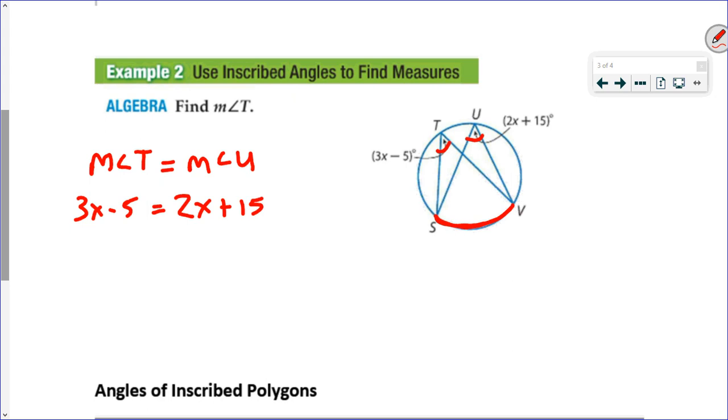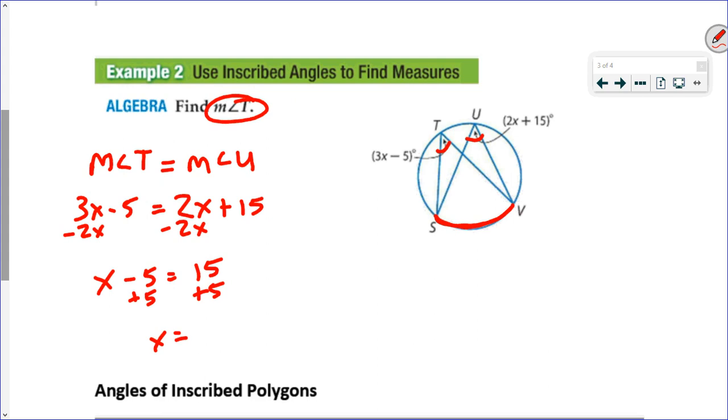If we solve this equation, we should know what x is and then be able to plug in, and again, we're looking for angle T. So let's subtract 2x. So x minus 5 equals 15. Add 5. We get that x is 20.